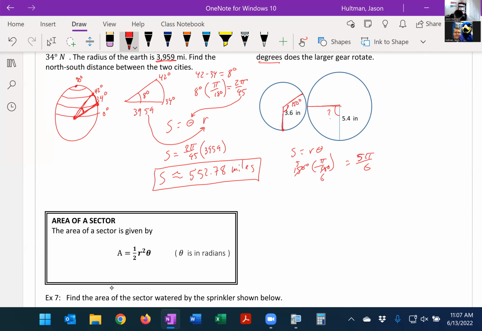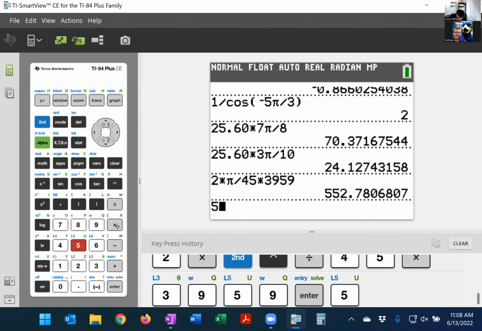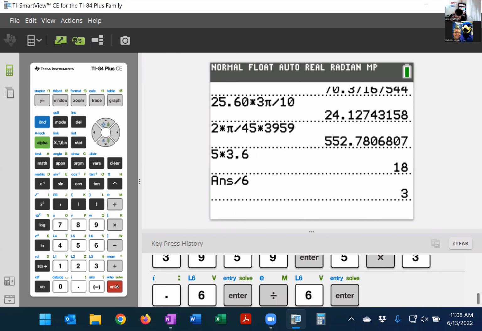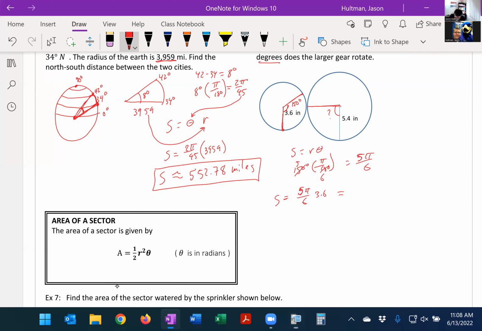Now we're going to say, well, 5 pi over 6 times 3.6. I'm just going to leave this in terms of pi. 5 times 3.6 is 18, and then we divide that by 6, and we get 3. So you're going to get 3 pi.